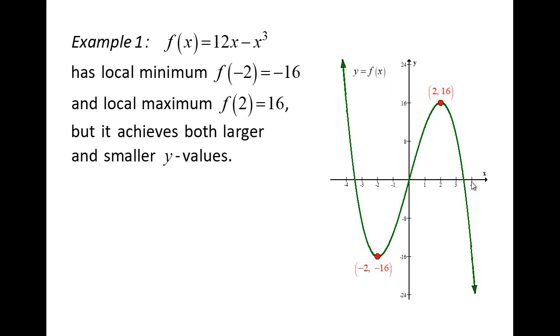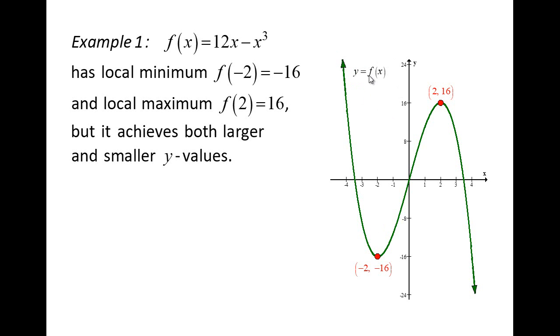The reason is, notice that as x goes to infinity, the value of the function goes to negative infinity, which means that f takes on arbitrarily large negative values. On the other hand, when x goes to negative infinity, the value of f goes to positive infinity, so f takes on arbitrarily large values.